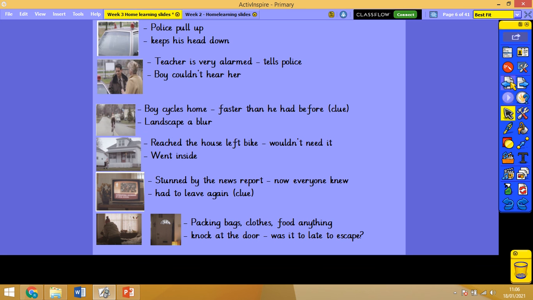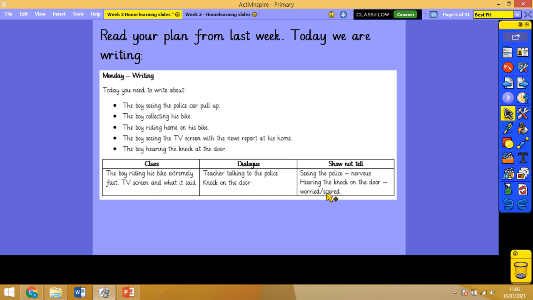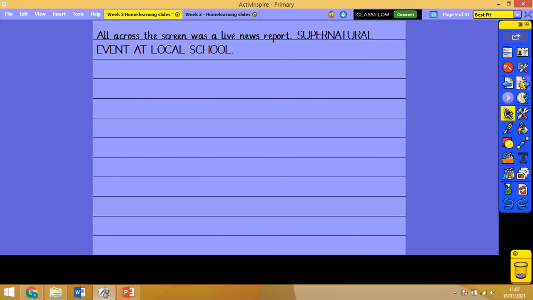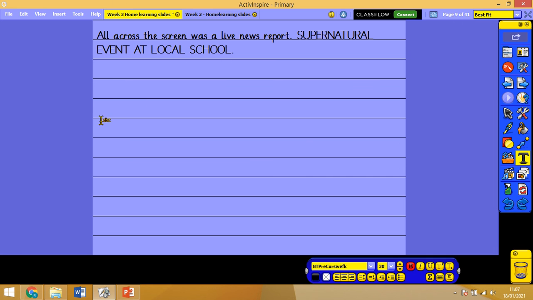Now, how I would end this particular chapter, this piece of writing today, is with this dialogue, this knock on the door. Right at the very end, you could start it with something similar, suddenly, or you could go abruptly.